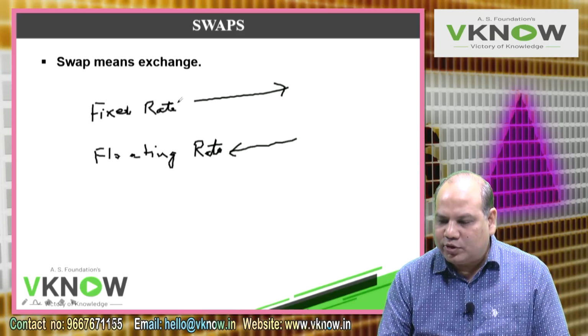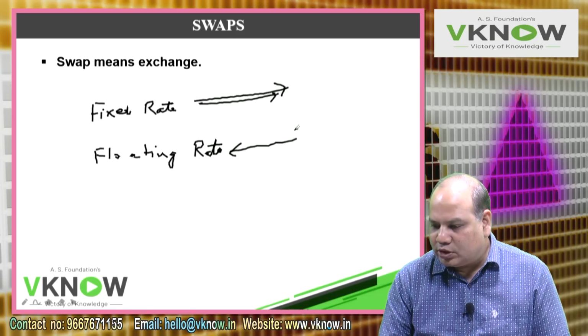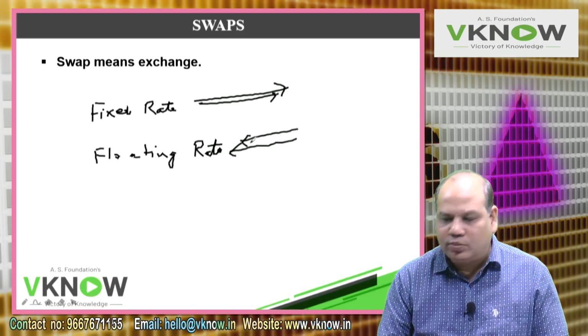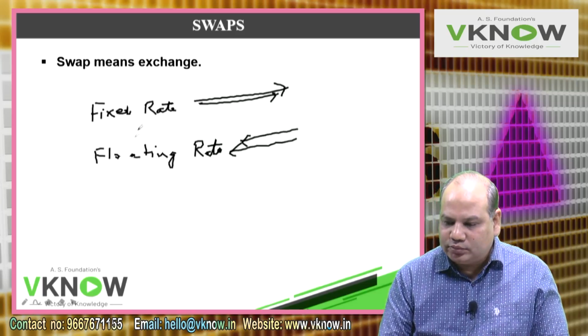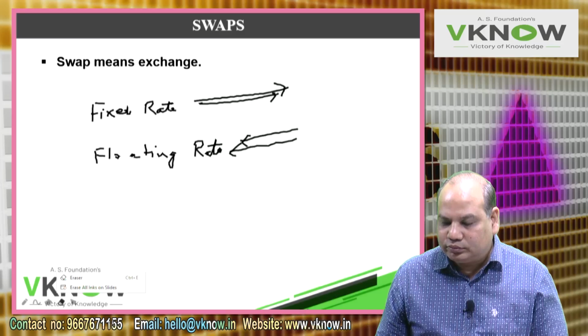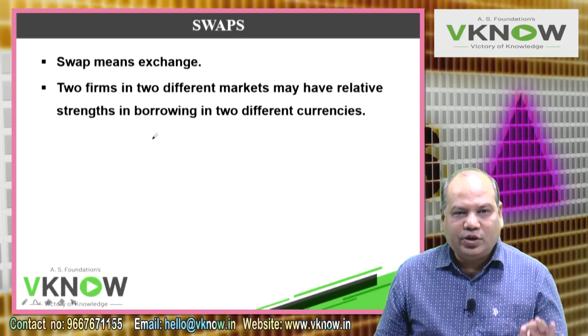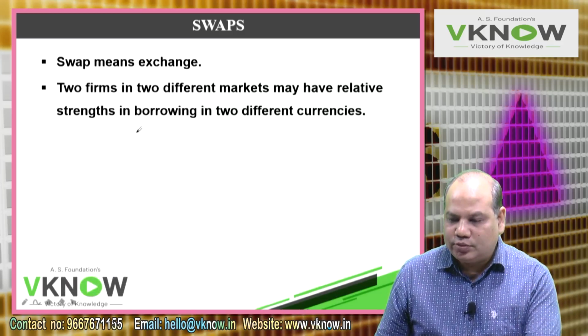This party's fixed rate obligation will be transferred to the other party, and the other party will transfer his floating rate obligation to the first party. This way they can swap their interest rate liability. So financial swap means exchange of two set of cash flows.